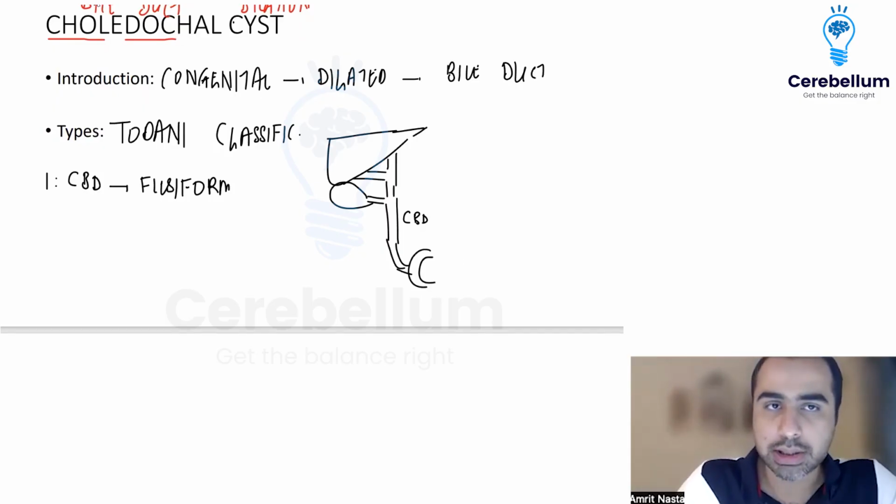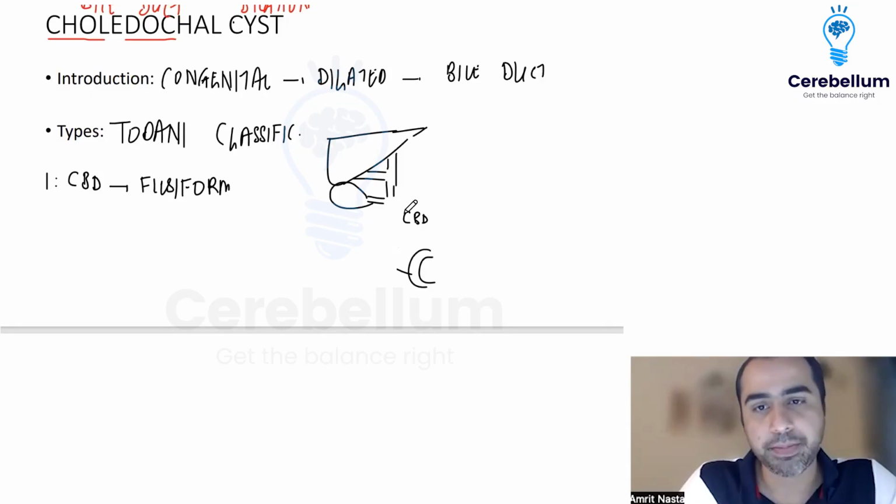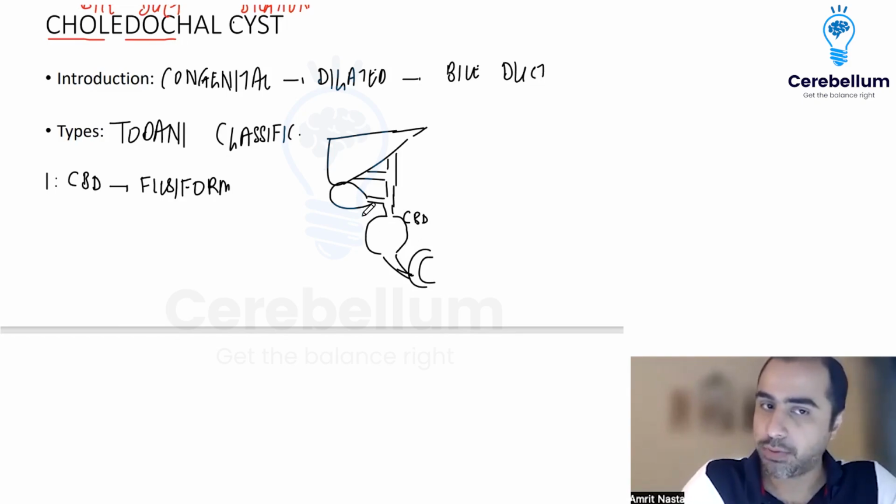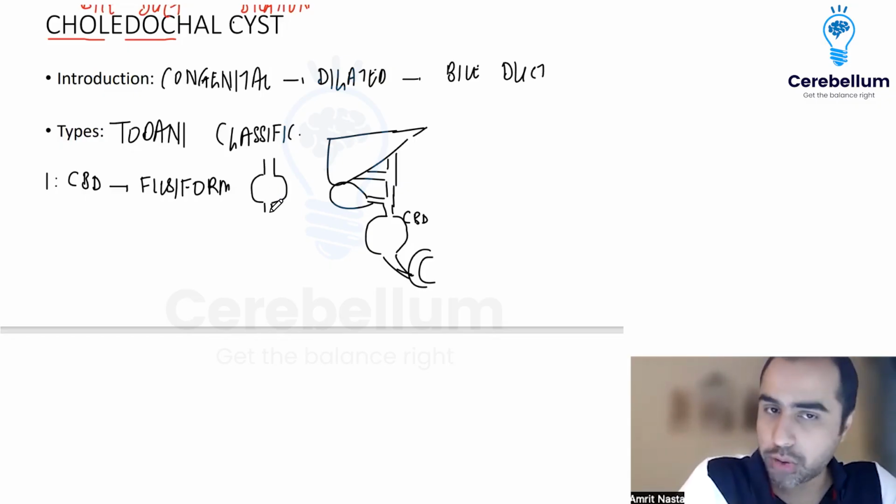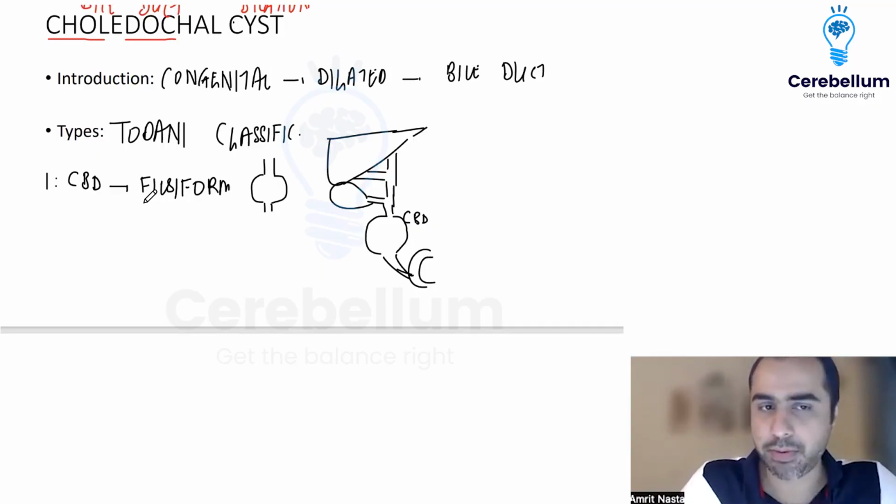In a choledochal cyst, some part of the CBD is going to be dilated, but it will be fusiform. So this fusiform dilation of CBD is type 1 choledochal cyst. This is the most common type.